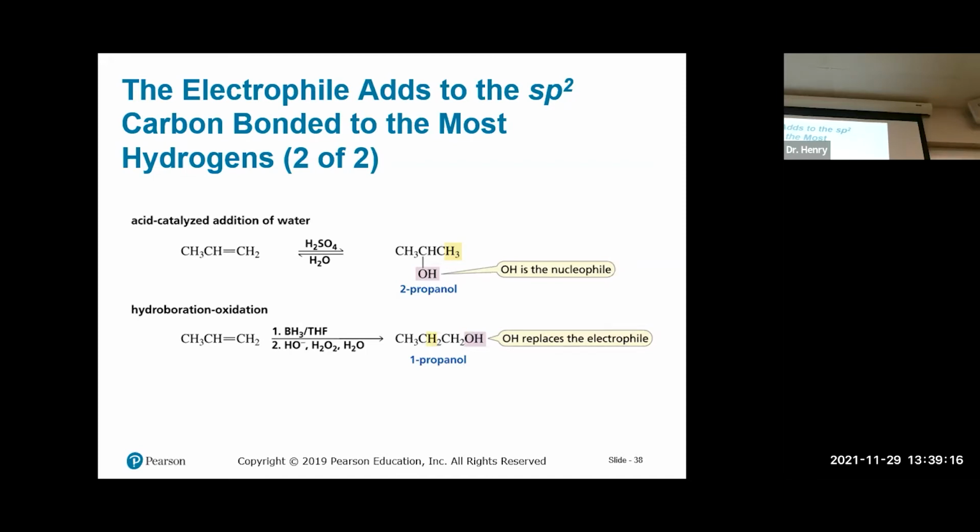It's going to accept the electrons, right? And then you're going to end up with the hydrogen plus added onto it, but then that's going to allow the water molecule to be added on, okay? And so again, the OH is going to be the nucleophile. And under these circumstances, the OH here is going to replace the electrophile. Okay.